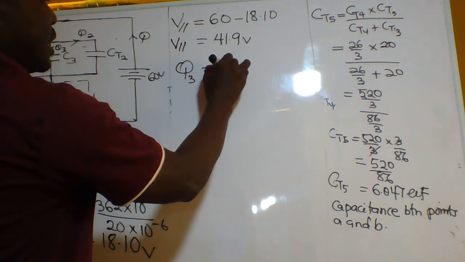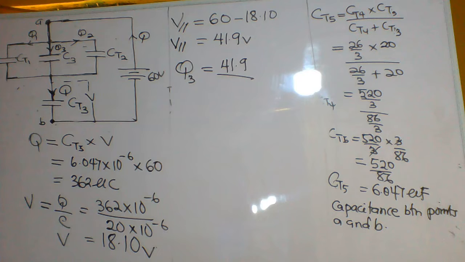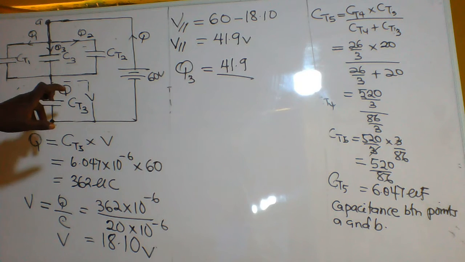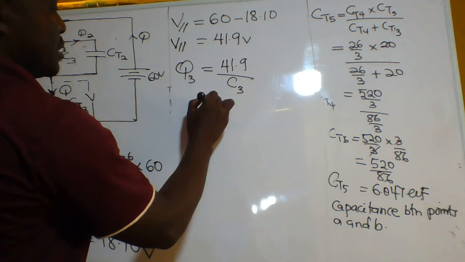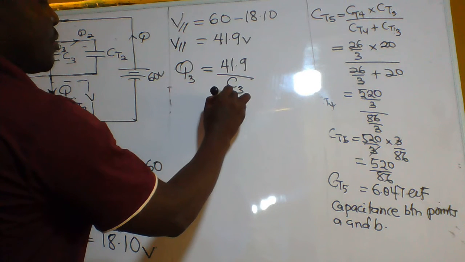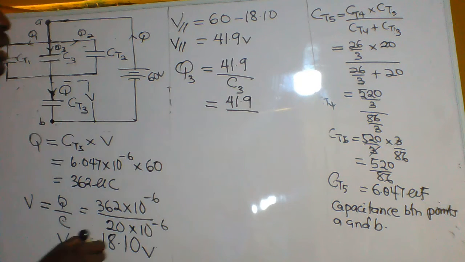So 41.9 divided by the capacitance C3. And what is C3? C3 was given to us as, let me check the value of C3.